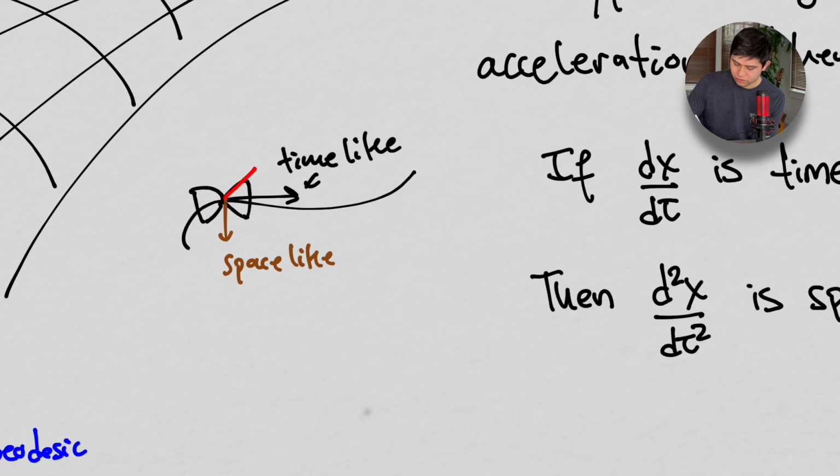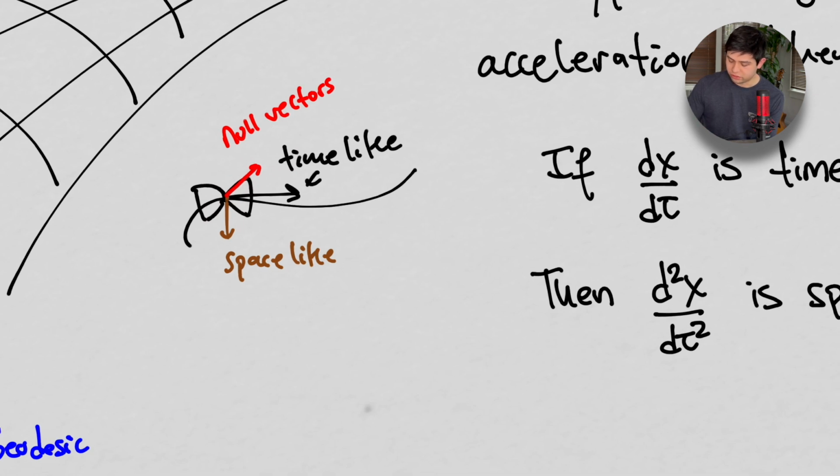So null vectors are those that are traveled by particles of light. So light travels at these horizons on the light cone, and vectors along those are called null vectors.